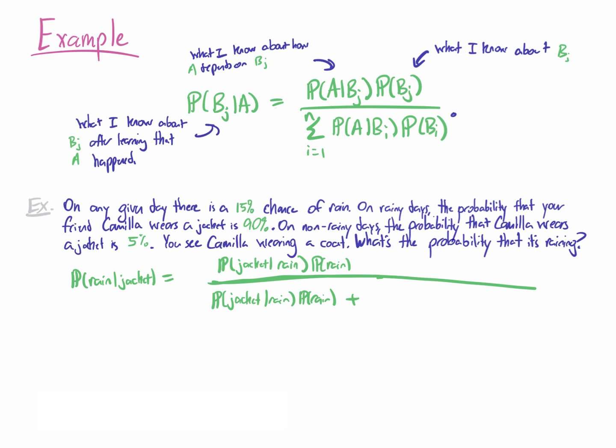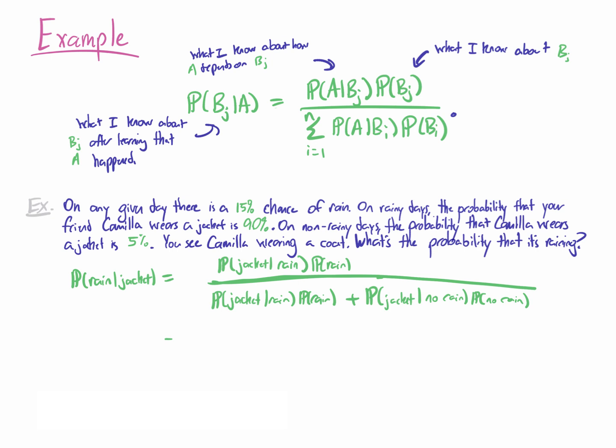So I need to ask myself what else could be happening other than rain, and the answer, of course, is no rain. So probability of jacket given no rain times the probability of no rain. So this is what I need to figure out. And fortunately, in my problem setup, I actually have everything I need in order to perform this calculation.